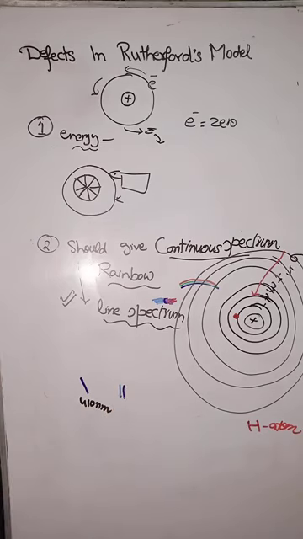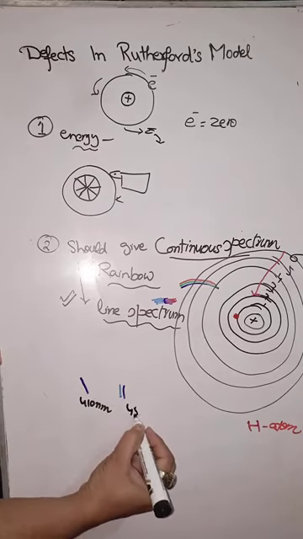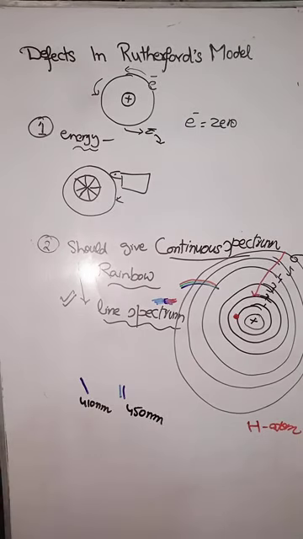Blue violet color, this we get at 450 nanometer. N means nano, m means meter, nanometer.